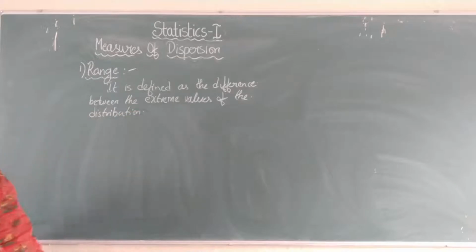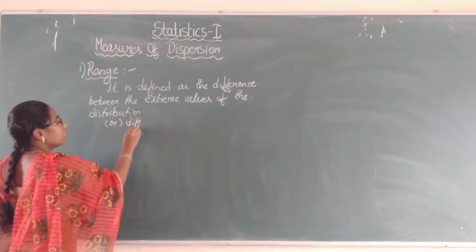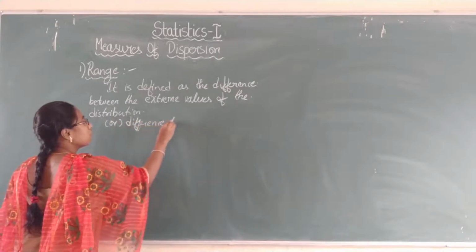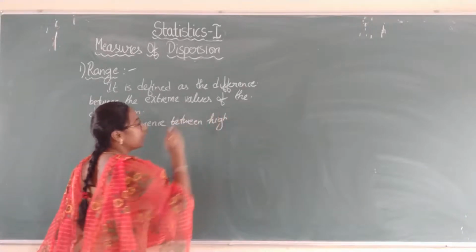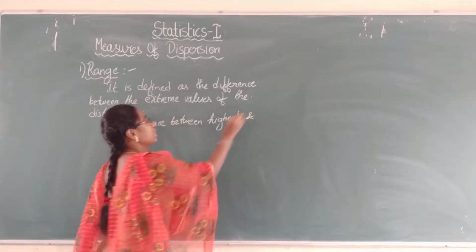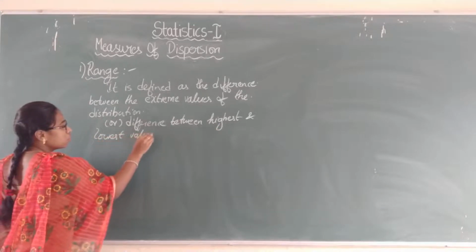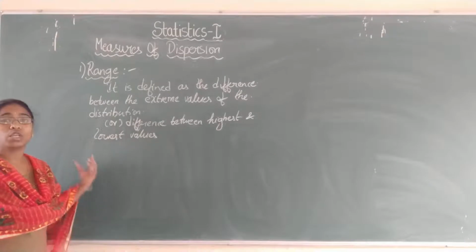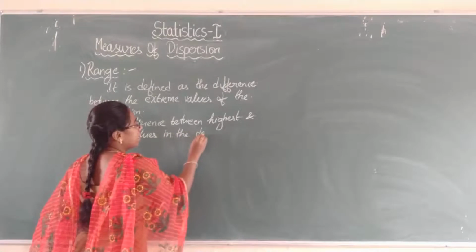Or you can write it as the difference between the maximum and the minimum value, that is, the difference between the highest and the lowest values of any distribution, or the highest and the lowest observations in the data.